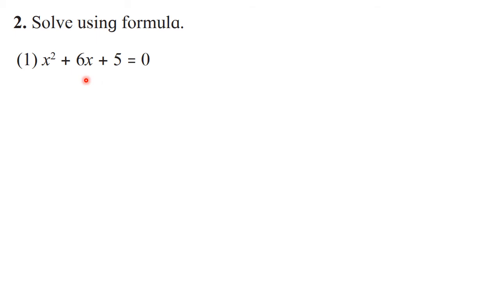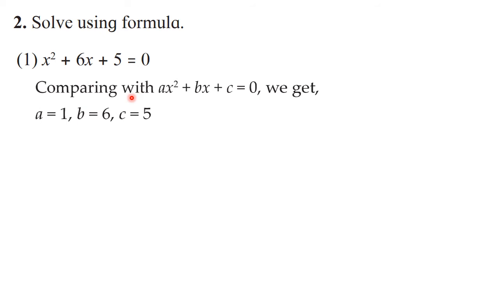Then, second step, we compare it with the standard form, that is ax square plus bx plus c is equal to 0. After comparing, we get the three values: a is equal to 1 here, b is equal to 6 and c is equal to 5. All are positive.